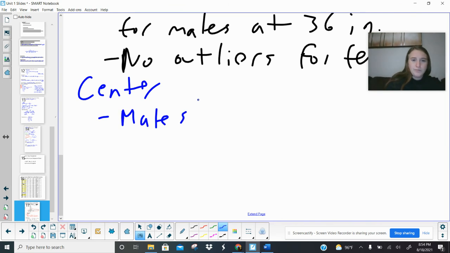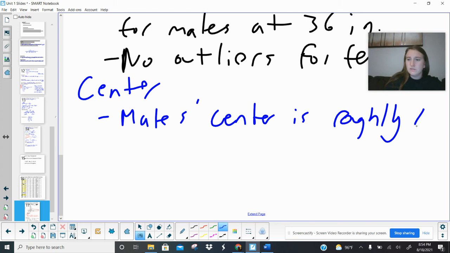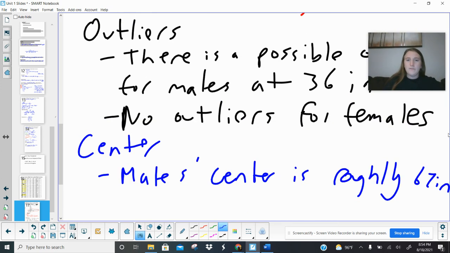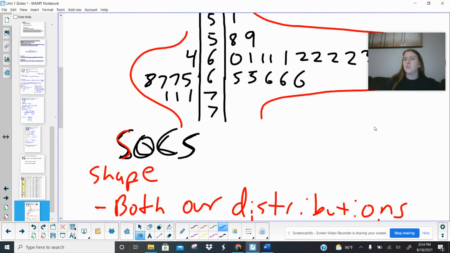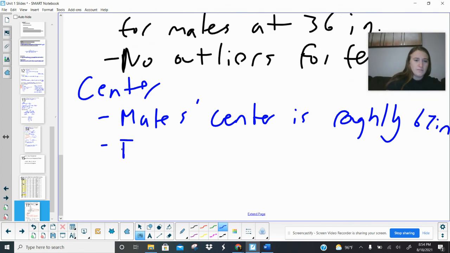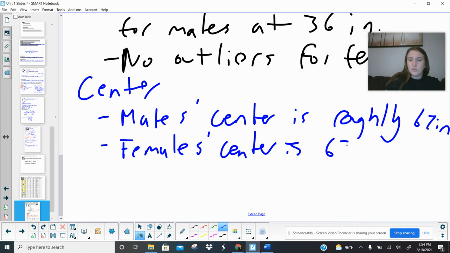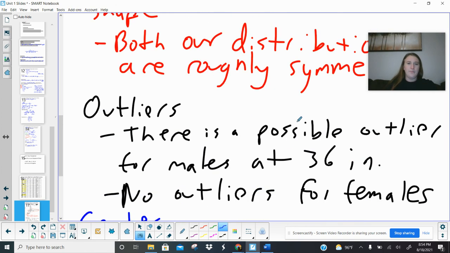Males, center is roughly 67 inches. And for females, I'm going to say, let's go 63 inches. Females' center is 63 inches. Again, we're just eyeballing. If you said 68 and 64 or something like that, that's okay.